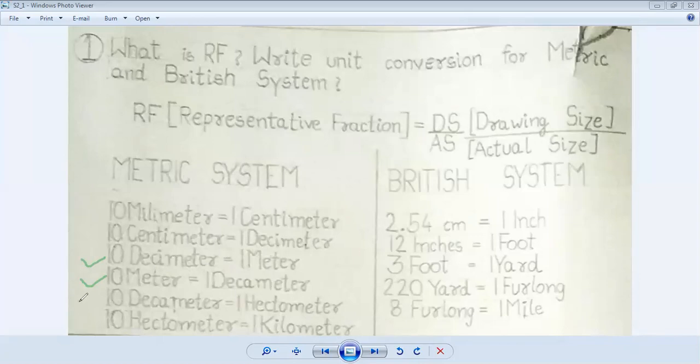Then 10 decameter is 1 hectometer, and 10 hectometer is equal to 1 kilometer. We directly know kilometer to meter and kilometer to mm. If we want kilometer to meter, it is 10 into 10 into 10, so we get 1000 meter. That we know very well, isn't it?